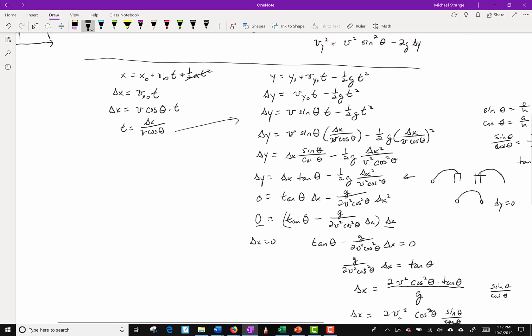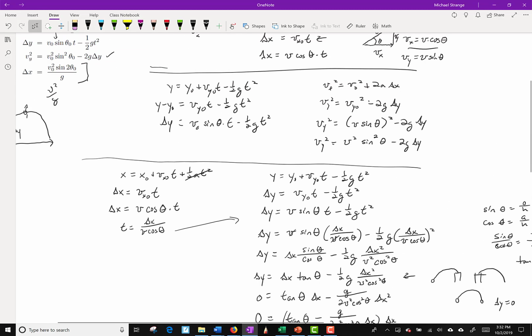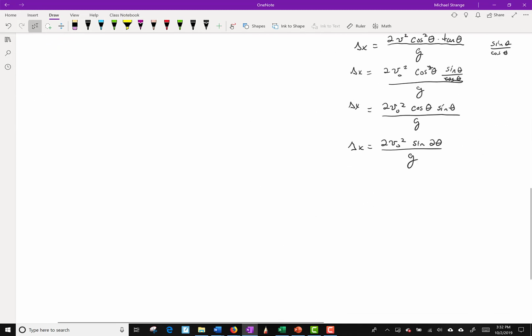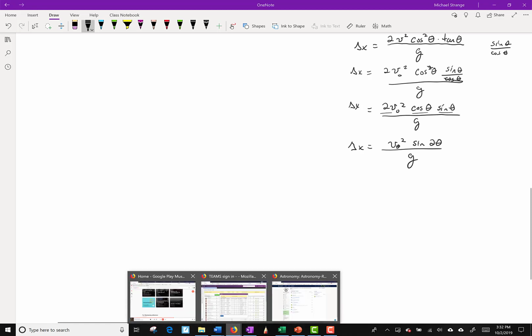I think that's how they wrote it, right? Or no, what happened to that 2? Oh, I'm sorry. The trig identity, this goes away. 2 times cosine sine. Let me show you so that you believe me on this.